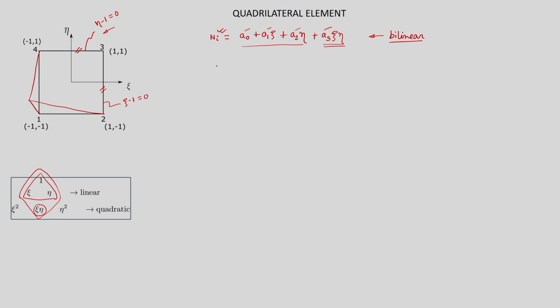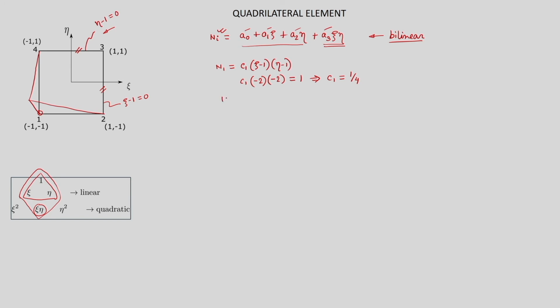So N1 I can define as C1 into xi minus 1 into eta minus 1. Now to ensure the value of N1 is 1 at node 1, at xi equal to minus 1, eta equal to minus 1, we put C1 times minus 2 times minus 2 equal to 1. That yields C1 as 1 by 4. So that defines the shape function N1.